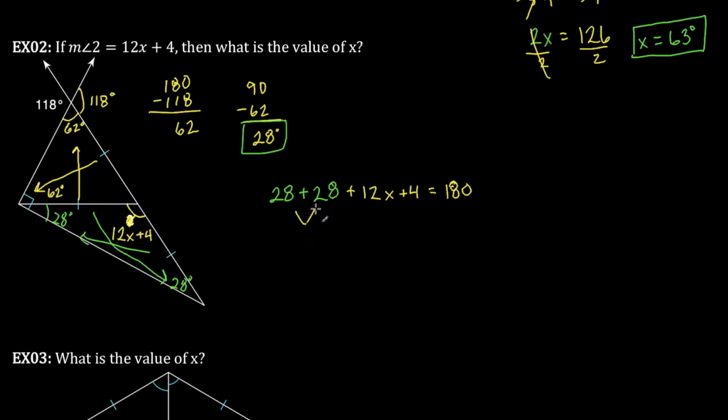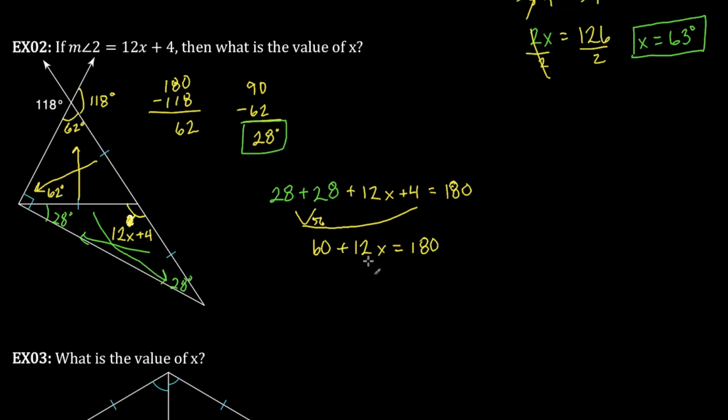All right, so 28 plus 28 is 56, and I add the 4, so I get 60 plus 12x equals 180.